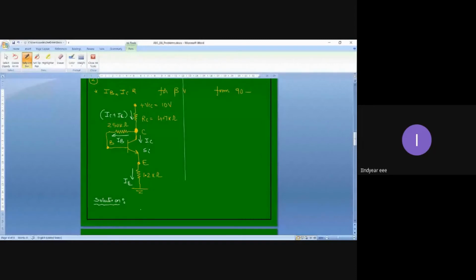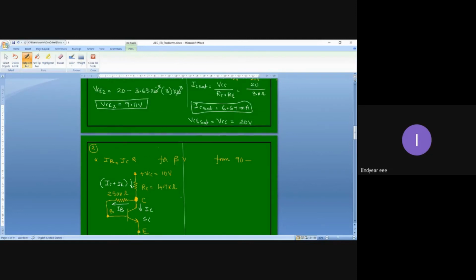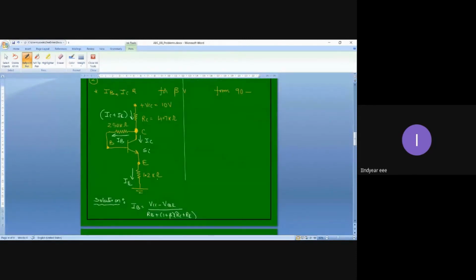IB is equal to VCC minus VBE divided by RB plus (1 plus beta) times (RC plus RE). Is it correct? Can anyone confirm? Yes, sir.